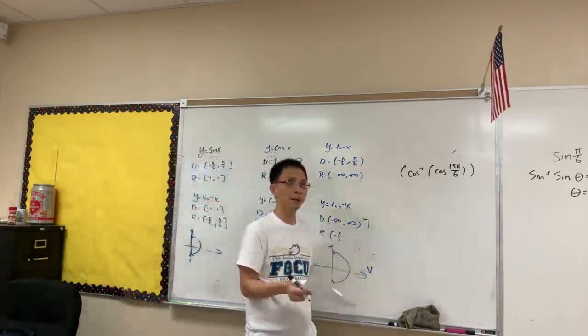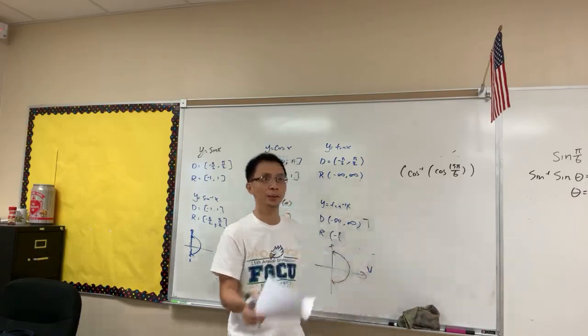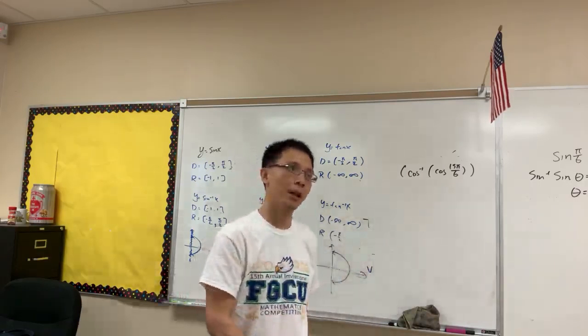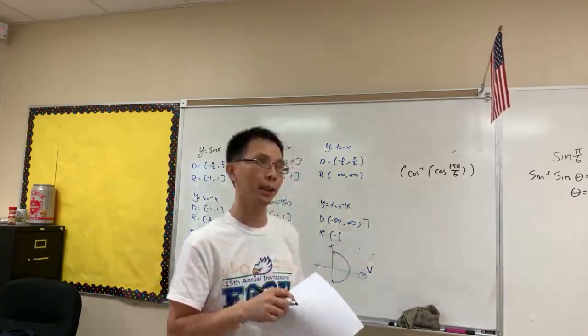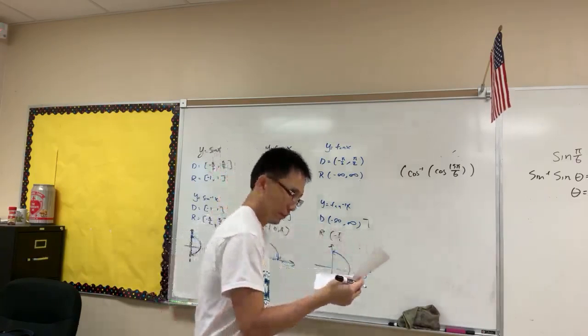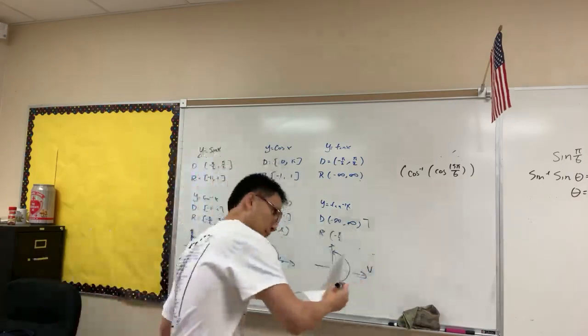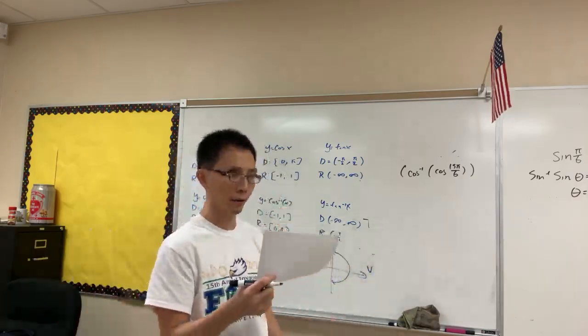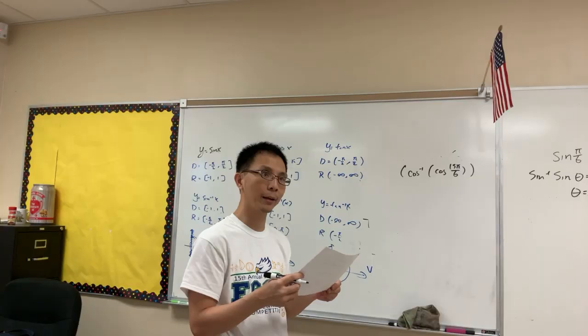The inside is going to give me a ratio, and the inverse is going to give me an angle. So it's asking the question backward again. Go really slow on those types of questions. You'd rather get it right than wrong.